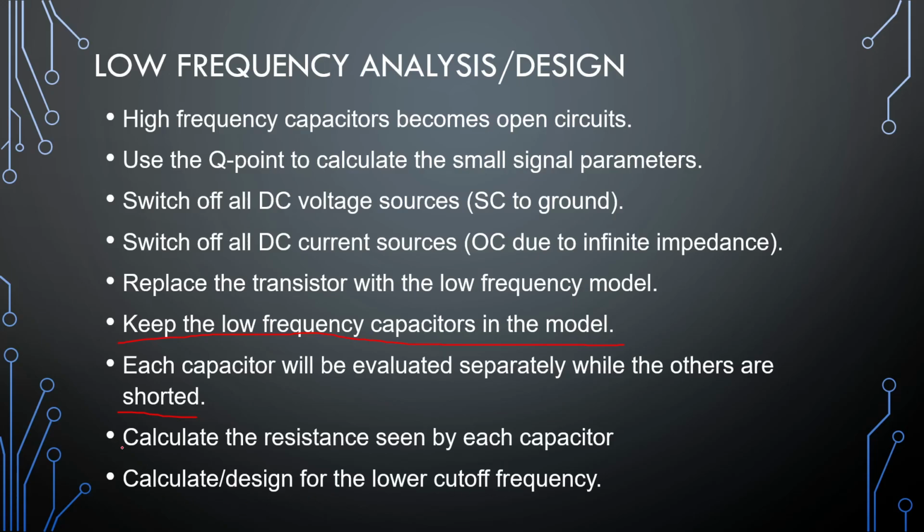So if you have capacitor values available, you can just analyze, and if they're not available, you can design. All the problems are going to be design problems, all 4 of them. But I'll show you what you can do if a capacitor value is actually just given to you and you need to find the low frequency.